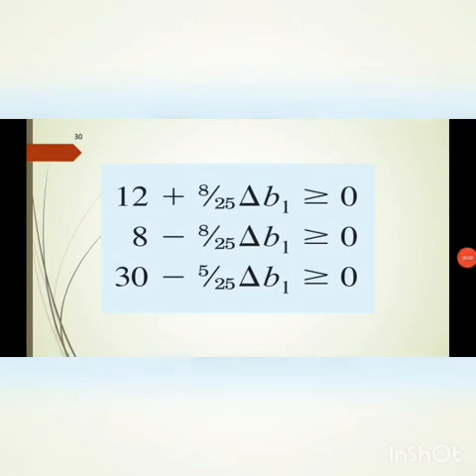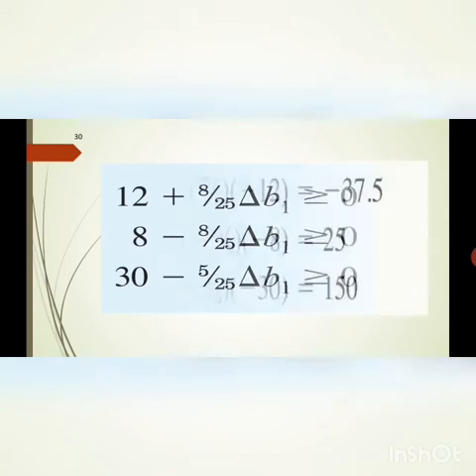So using the solution in the previous slide, we satisfy the following conditions. 12 plus 8 over 25 change in B sub 1 is greater than or equal to 0. 8 plus 8 over 25 change in B sub 1 is greater than or equal to 0. And 30 less 5 over 25 change in B sub 1 is greater than or equal to 0.